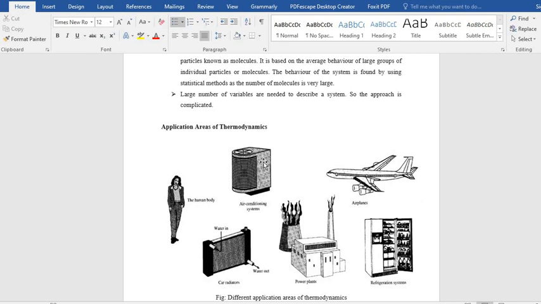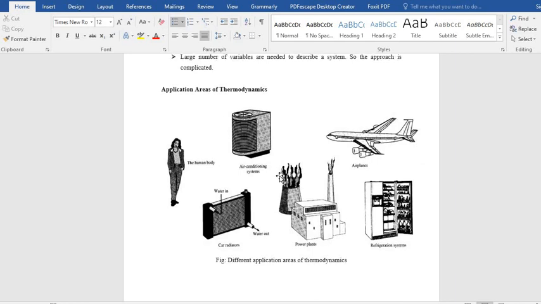Then we have other practical applications like air conditioning, aeroplanes, car radiators, power plants, and refrigerators. In all of these there is some thermodynamics going on. These are some of the applications which I have shown here using figures. So this way I have concluded your first class. Thank you.